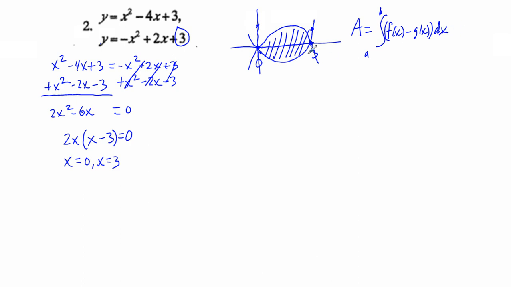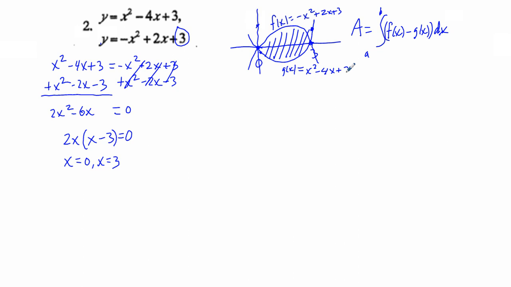And in this instance, our upper function here is going to be this negative curve. So f of x is going to be equal to negative x squared plus 2x plus 3. And our lower function g of x is going to be x squared minus 4x plus 3.